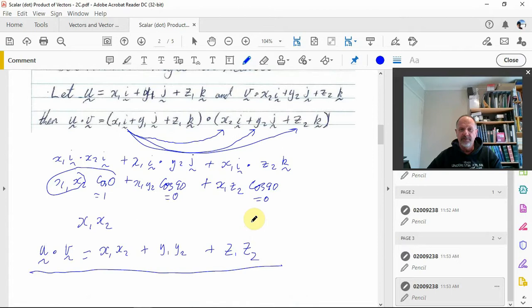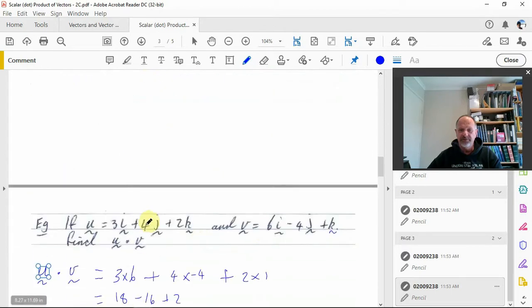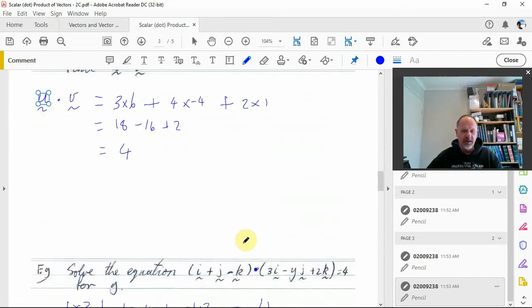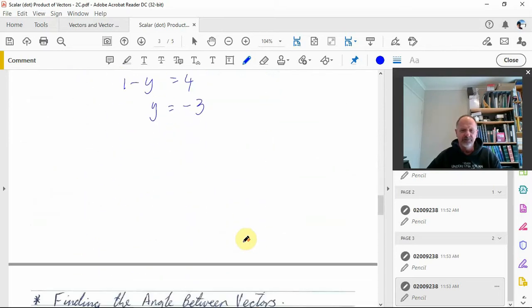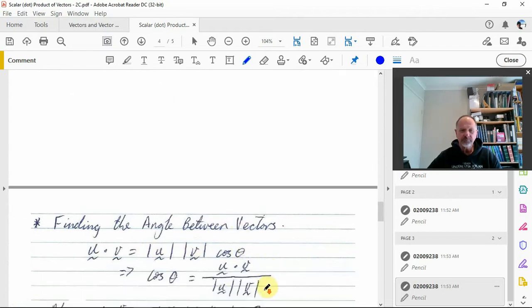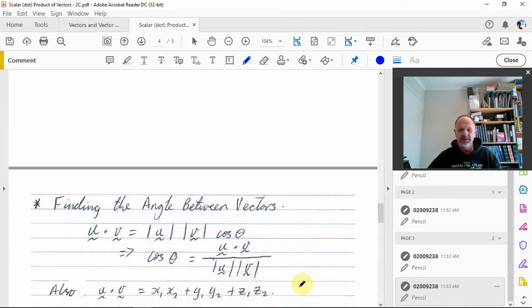As these two things stand, it's really not obvious what the angle between those vectors might be. But we can use the dot product, and that other definition, to help us. Our original definition is u dot v is the magnitude of u, magnitude of v, cos theta. So if we want to find the angle, let's divide both sides by that.